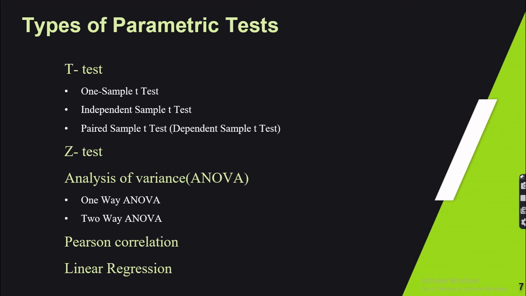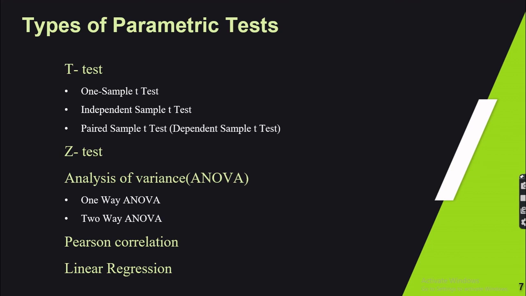The next tool is Pearson correlation. Pearson correlation is a statistical tool used to measure the strength and degree of association between two scale variables.